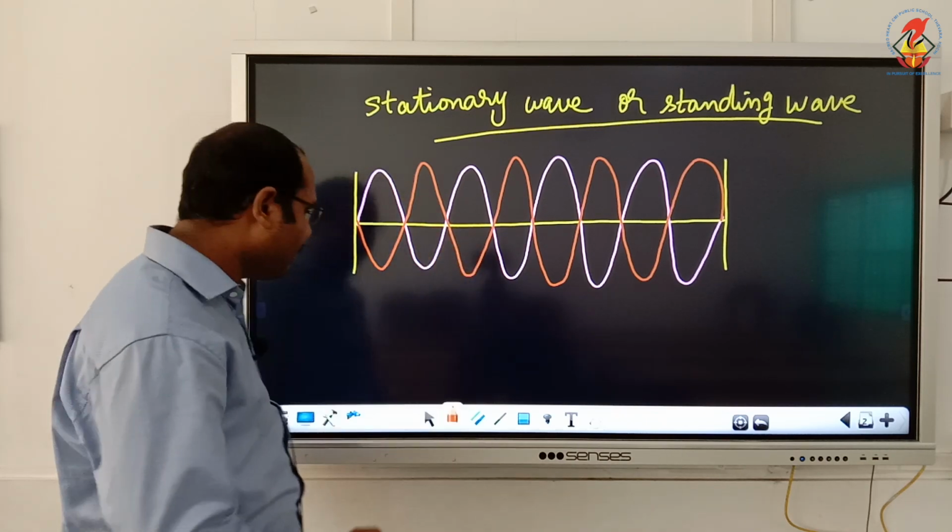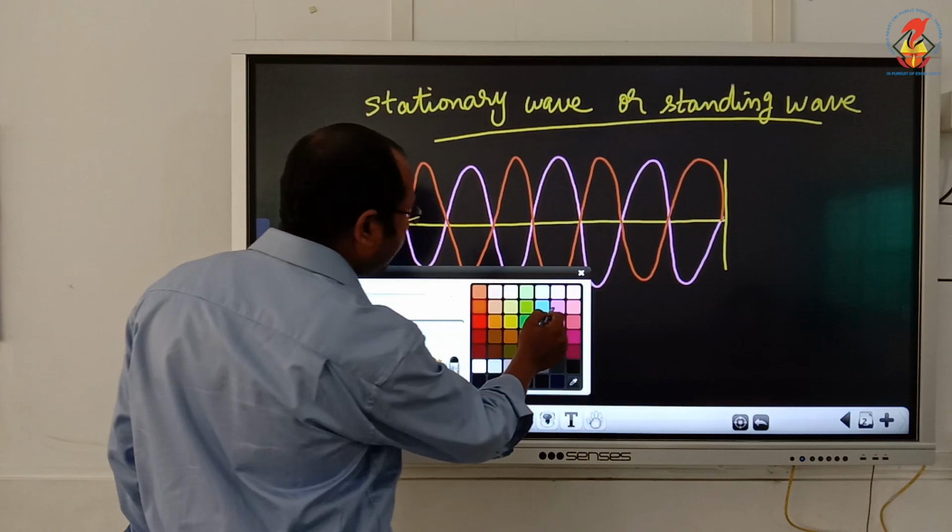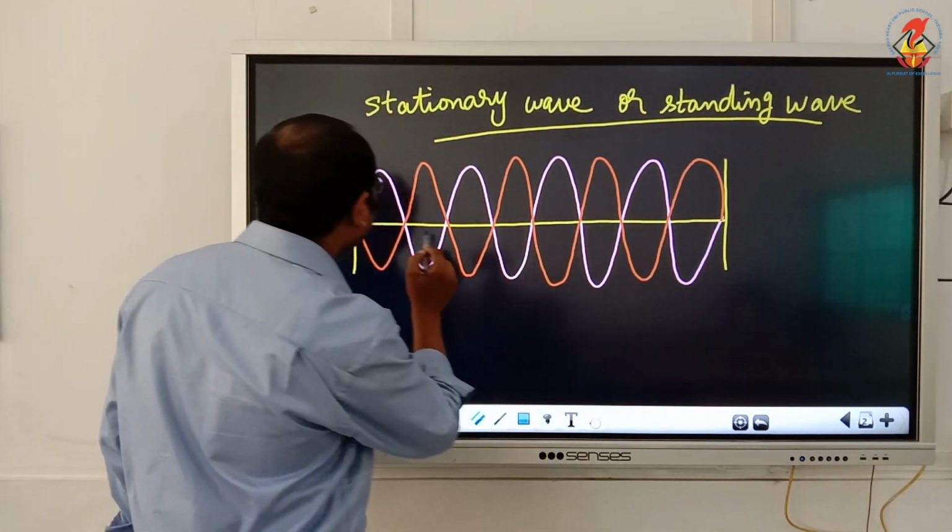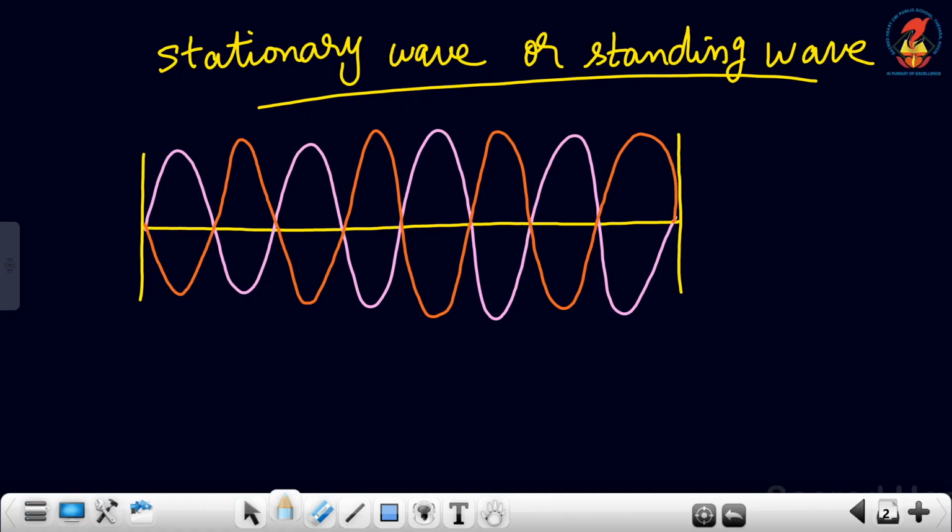And in a stationary wave, there are certain points where the displacement is 0. I will mark here, just see. There are certain points where the displacement is 0. These points are called nodes.